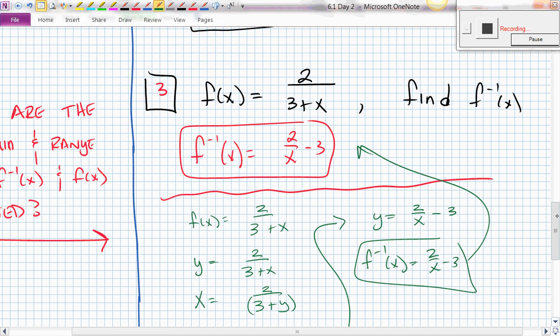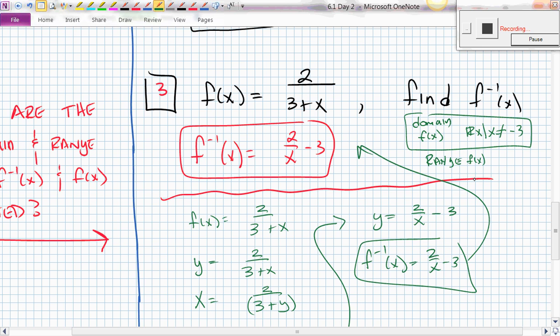Go back up to my original function here. What is the domain of f of x? All real numbers x such that x is not equal to what? Negative 3. Good. What is the range of f of x?